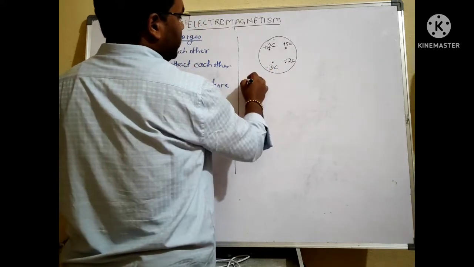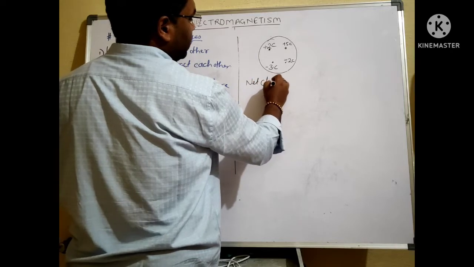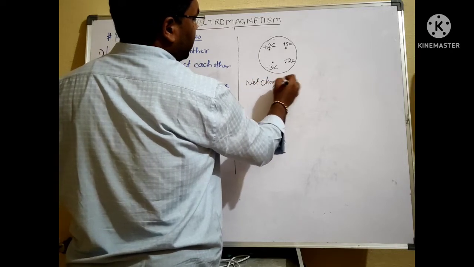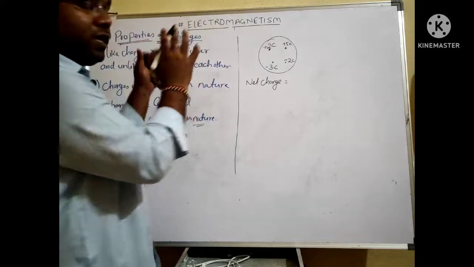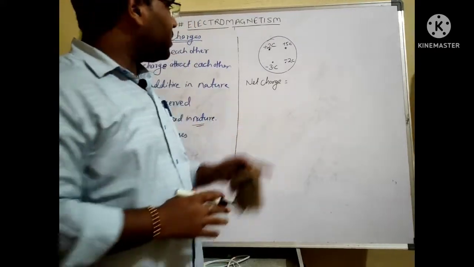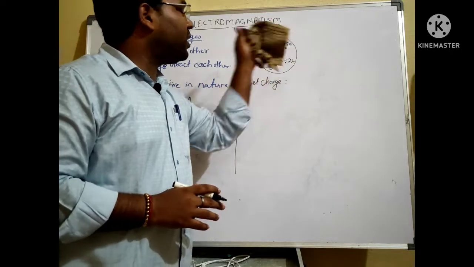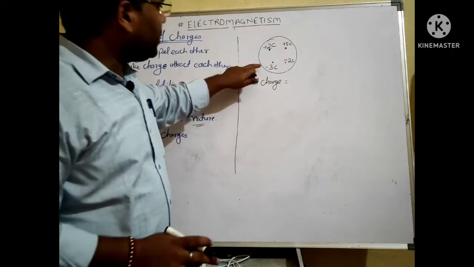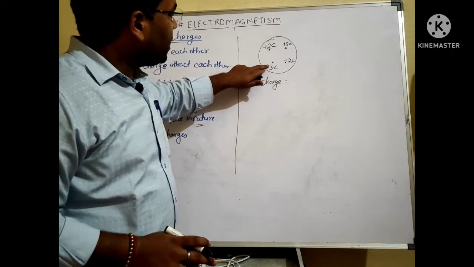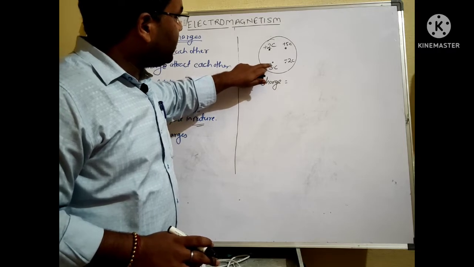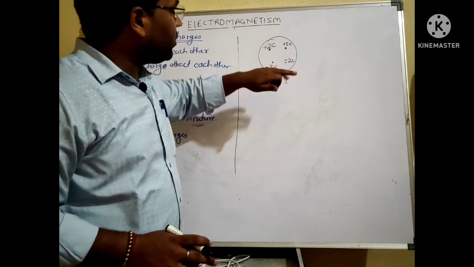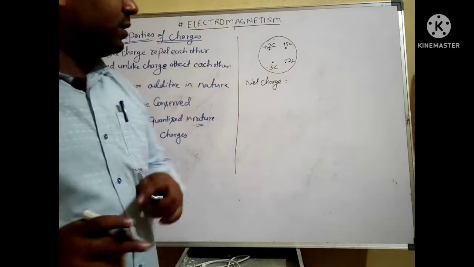So now, what is the net charge? The net charge on this object is the algebraic sum of all the charges present on this material. Algebraic sum means this one, this one, this one, this one will be added.